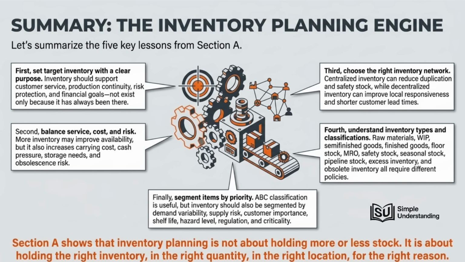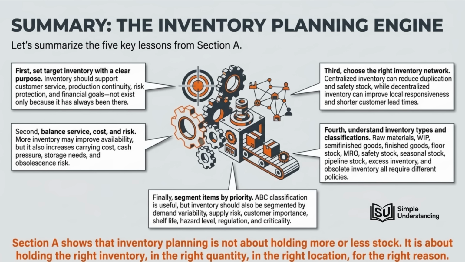More inventory may improve availability, but it also increases carrying cost, cash pressure, storage needs, and obsolescence risk. Third, choose the right inventory network. Centralized inventory can reduce duplication and safety stock, while decentralized inventory can improve local responsiveness and shorter customer lead times.